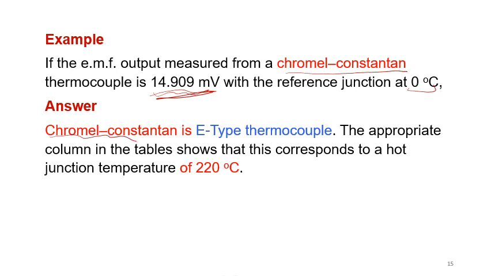So Chromel-Constantan is E-type. Usually these things, you don't need to memorize it. It's going to be provided. If the question comes this way, the table will be provided. So it's an E-type thermocouple. Now, if I search for it on the table, you are going to find that the temperature is 220. No need to check this example because it's very simple.